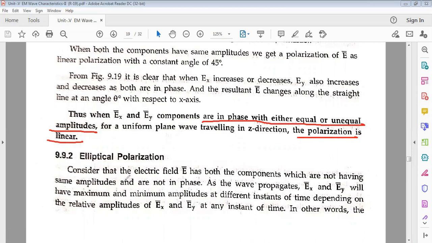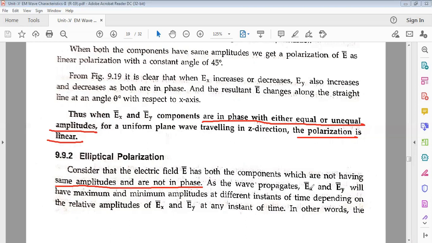Now here in the elliptical polarization, consider the electric field E bar has both the components which are not having the same amplitudes and are not in phase. Okay.